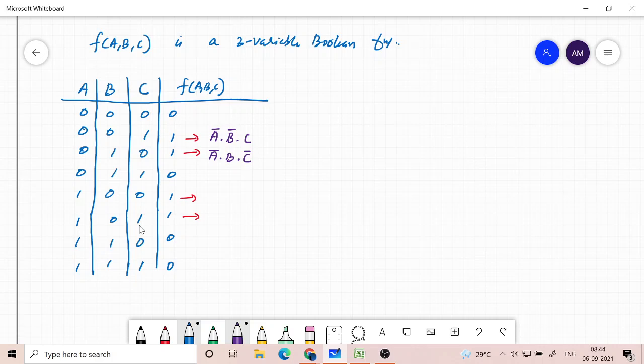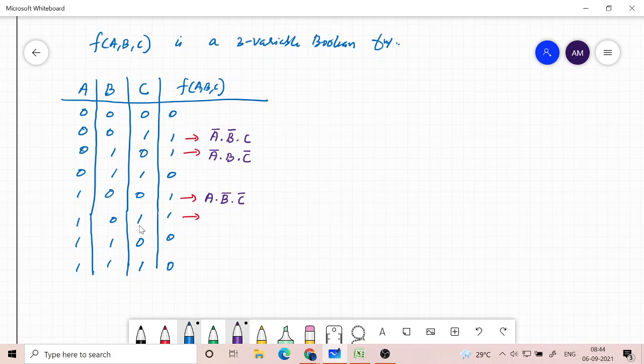And when A bar dot B dot C bar is equal to 1, that is the second case. And similarly the third case is A dot B bar dot C bar.